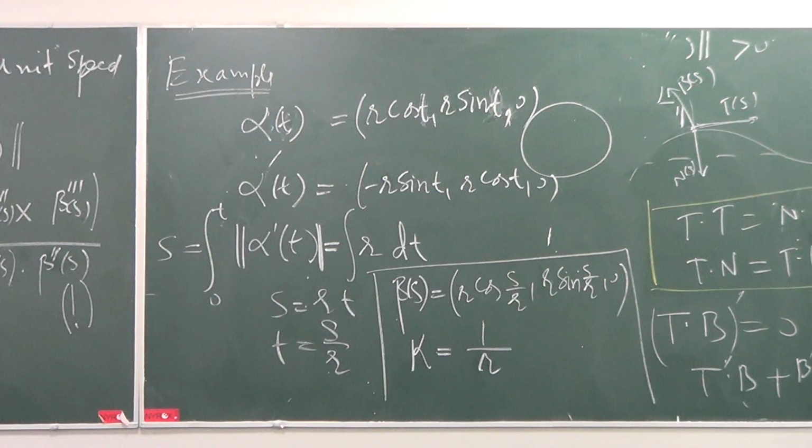I can take the second derivative of this and compute its magnitude. It's not going to change anything: cos becomes sine and then cos again, and similarly for the other. So kappa is going to be 1 over r.